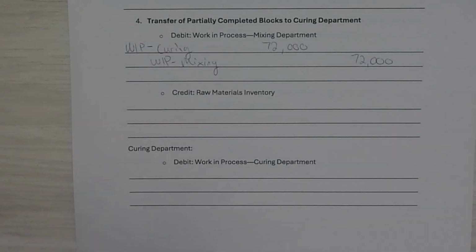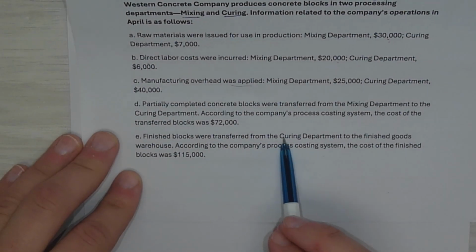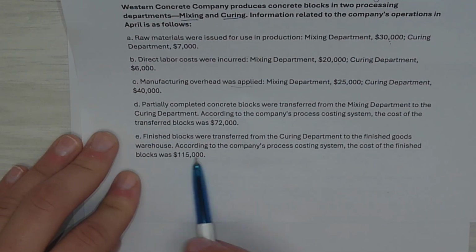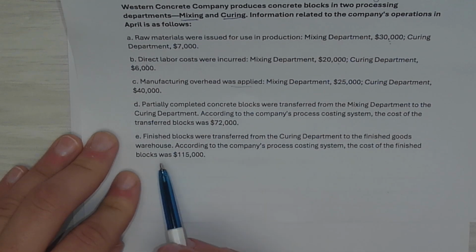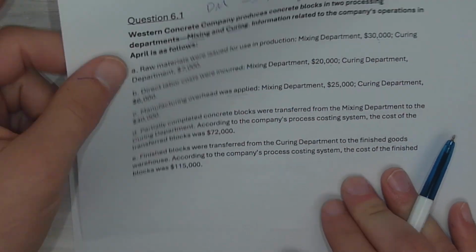And finally, we have finished blocks that were transferred from the curing to the finished goods warehouse. According to the company's process costing system, the cost of the blocks were $115,000.